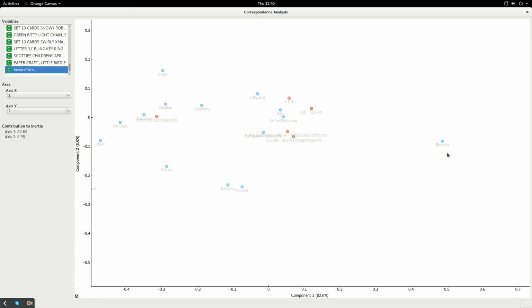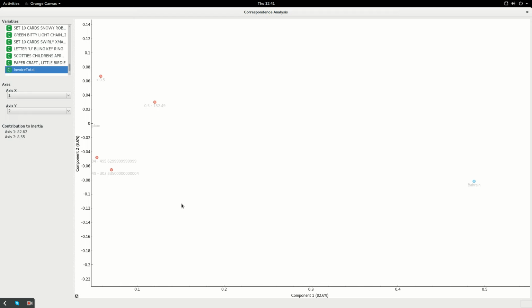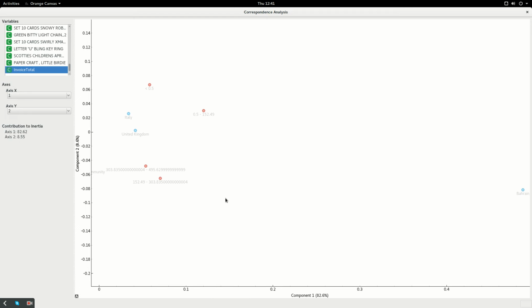If we zoom out a bit, so we have Bahrain now, which came out as an outlier, and so now we know that it's continuing with the theme of the rest of the observations. It obviously has something to do with the value of the transactions that is coming out of Bahrain. So if we zoom a bit closer, it's an outlier, so it has a weird distribution of transactions, and it is closest to the 0.5 to 512 and 512 to 303.